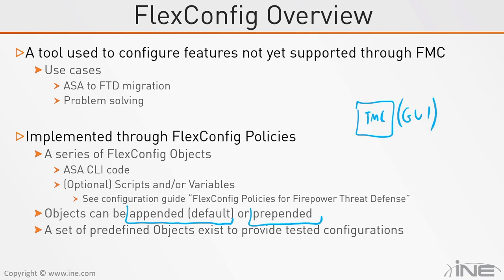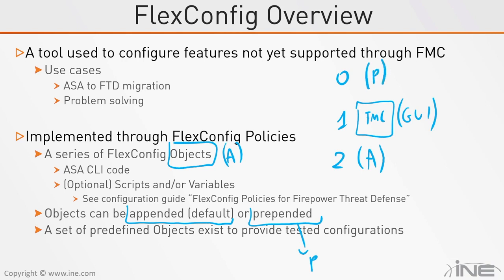Now, as you define the object, if you say that you want to append the content, this configuration is going to be processed after the FMC GUI syntax. So we start with the FMC config, and then we append your FlexConfig object commands, versus when you say you want to prepend, this is going to be processed before the FMC generated commands.